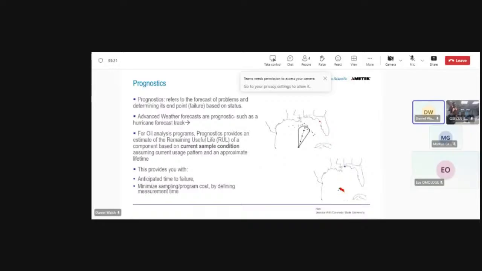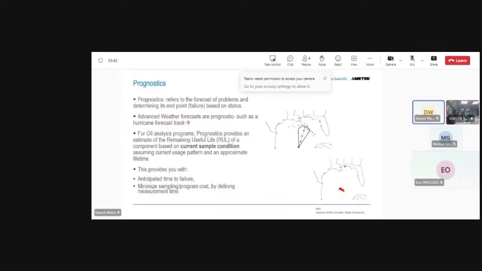Prognostics refers to forecasting. What happens with this information? How do I forecast my problems? This is what all plant managers are looking for nowadays. This is what all finance guys are looking for.